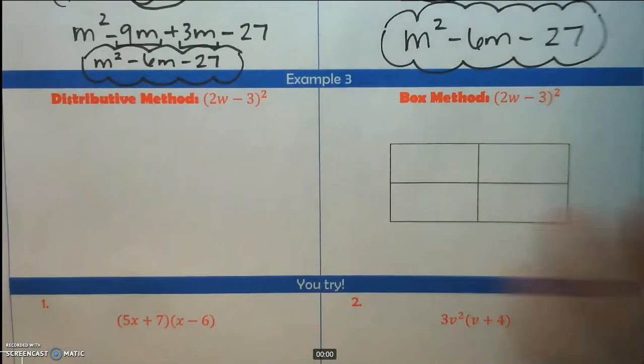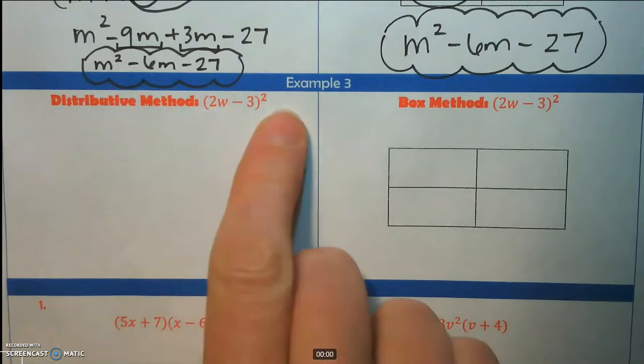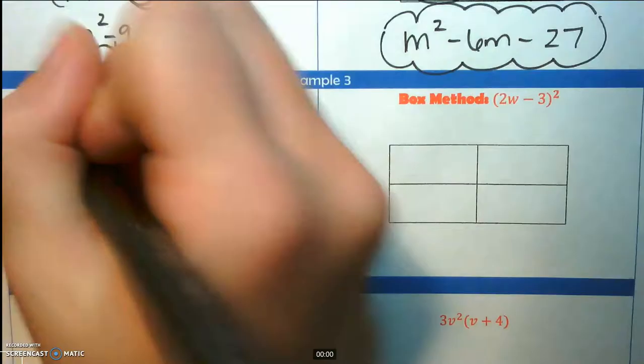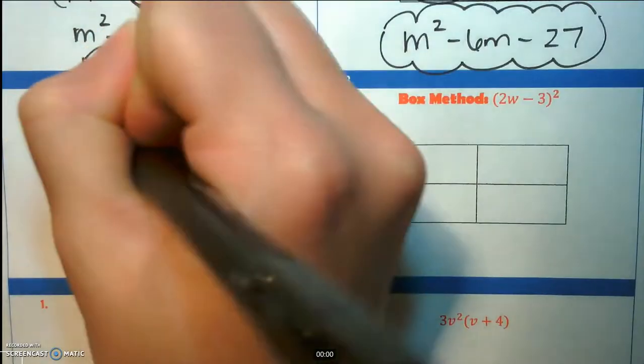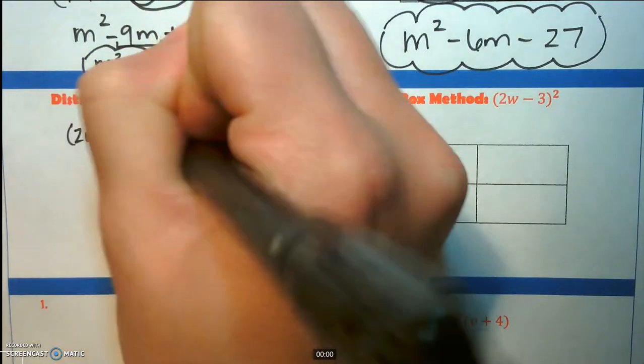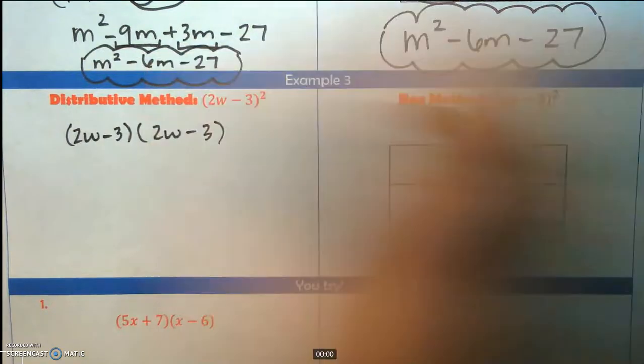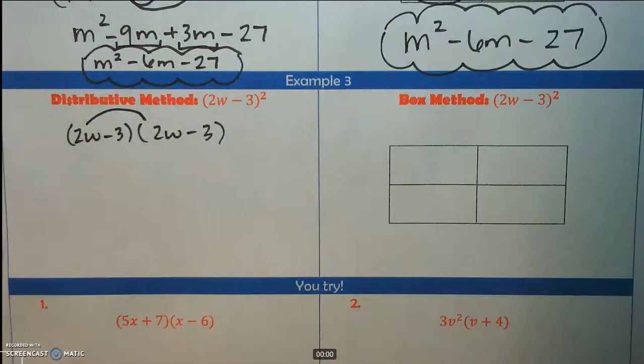Okay, example number 3. We still have a binomial times a binomial. This is just a slightly different representation, right? Squaring something just means you're multiplying it by itself. So let's go ahead and start our FOIL method.